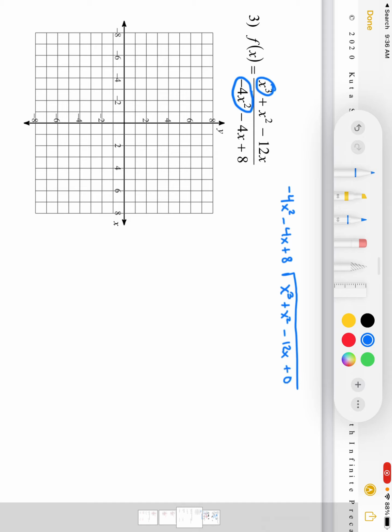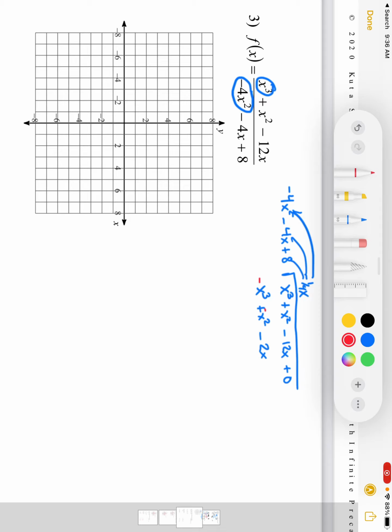And -4x squared is going to divide into x cubed -1/4 x times. So -1/4 x times -4x squared is going to give us x cubed. And then we just distribute to the other two terms. So that's going to get us plus x squared and plus 2x.